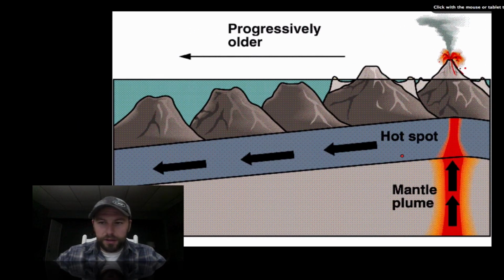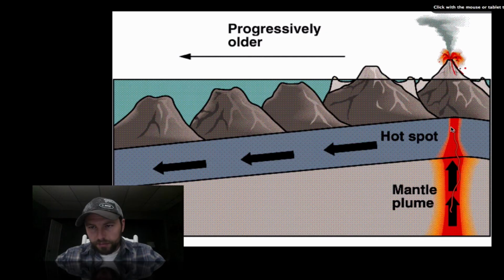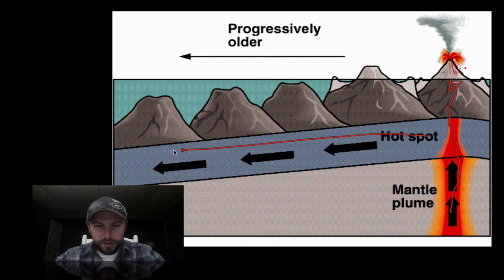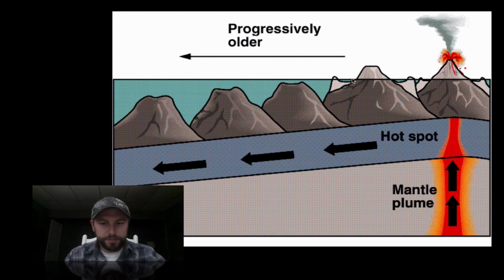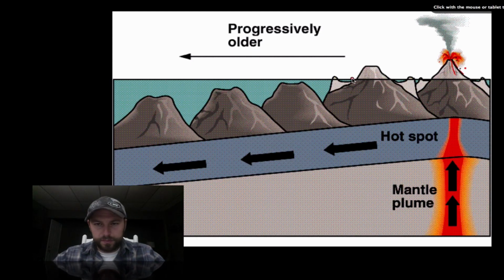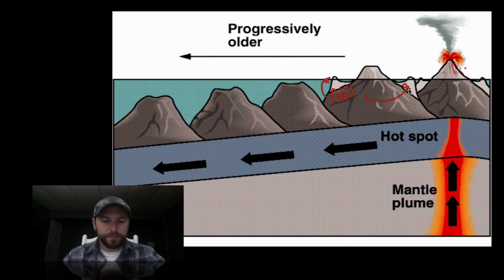And once again, magma's coming up, makes its way, but up at the surface, that lithospheric plate is moving. What eventually happens is this weathers and breaks down, and you get an atoll that forms around here. That's this region right here, and that. We'll show pictures of that in class also.